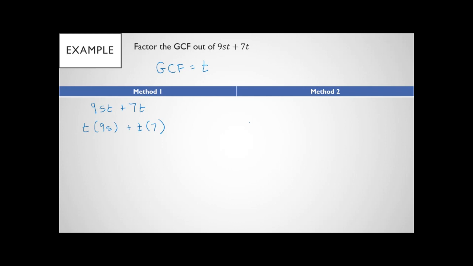The first term was 9st. If I pull out the t, I have the 9 and the s remaining. The 7t, I just flip-flop those. Then your last step is the t is in front, and what's in parentheses in both terms gets combined into a single parenthesis, so that we have t times 9s plus 7.